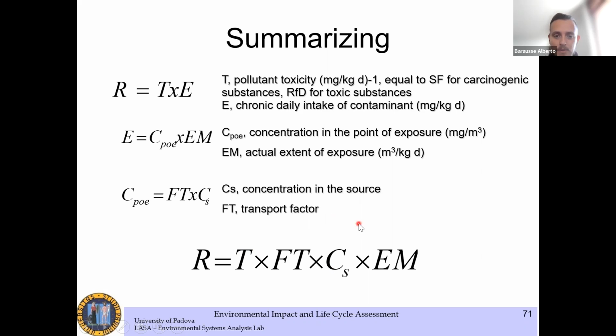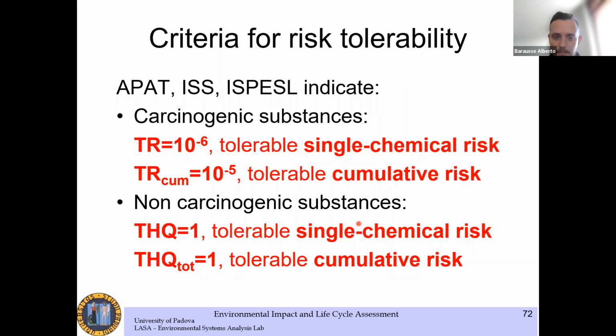Any of these terms contains a model, a submodel, so equations that can be simple or complex, and they require many parameters which need to be as site specific as possible. And when in doubt, you should choose precautionary values for those parameters, choose precautionary submodels and make precautionary assumptions.